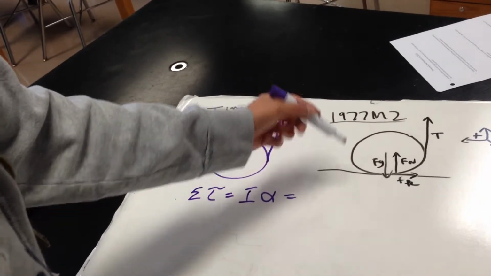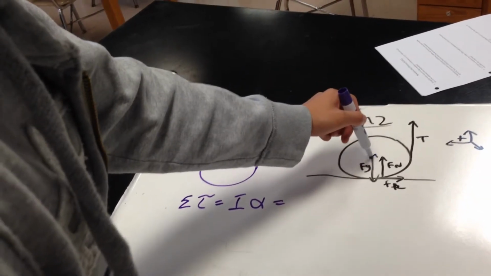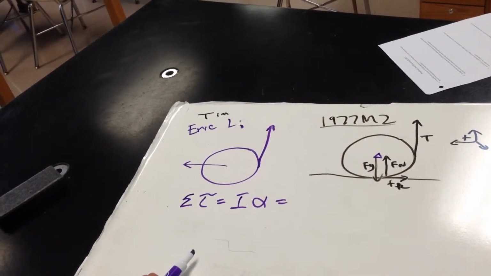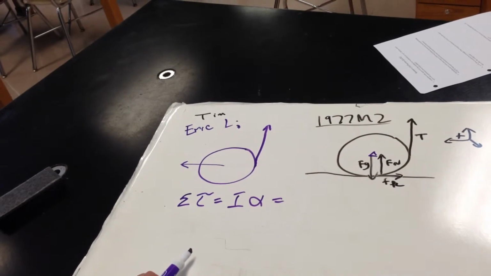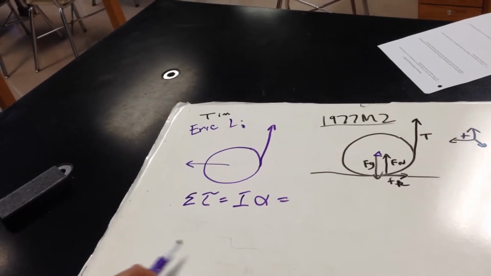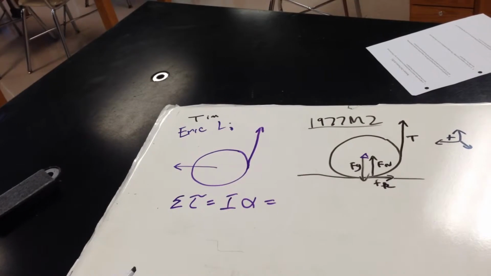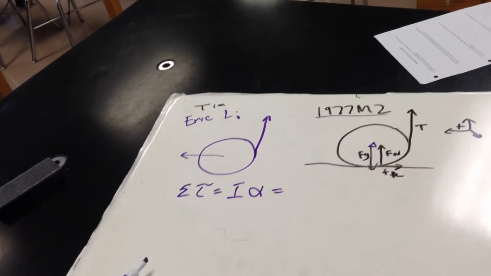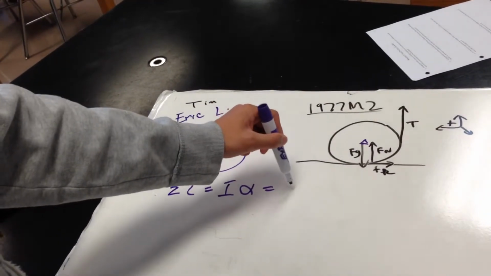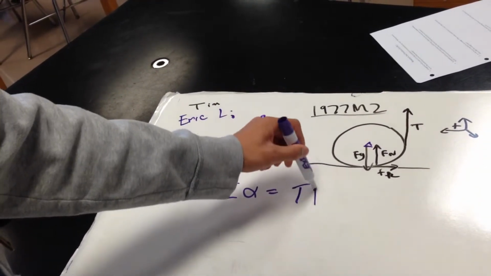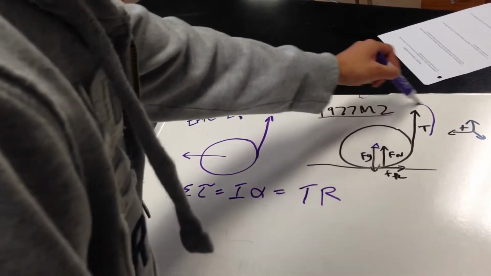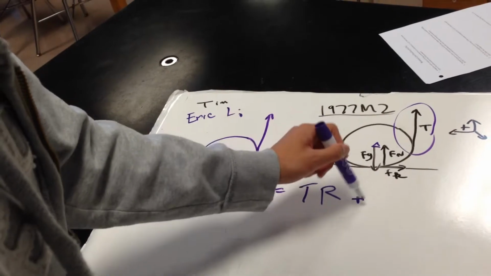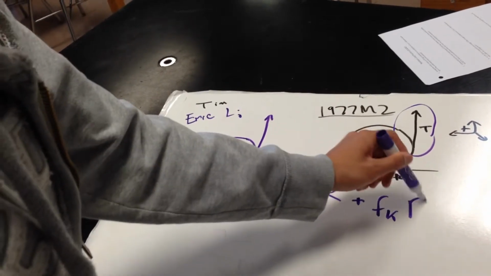Now, we're going to put the fulcrum in the middle because that is where the center of mass is, and we want the fulcrum to be in the same place as the center of mass so that the angular acceleration and the rotational acceleration are relatable. Okay, so first we start with our torque equation. So we're going to have T and then R. That's our first torque here, plus force of kinetic friction times R.